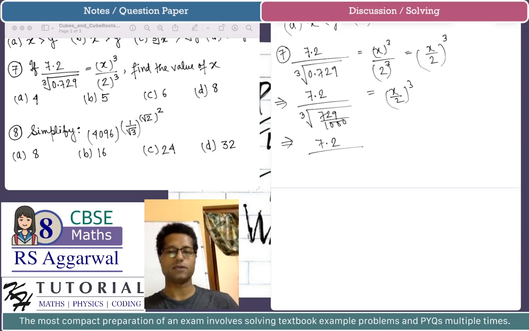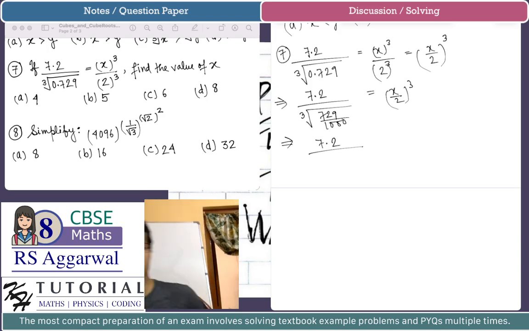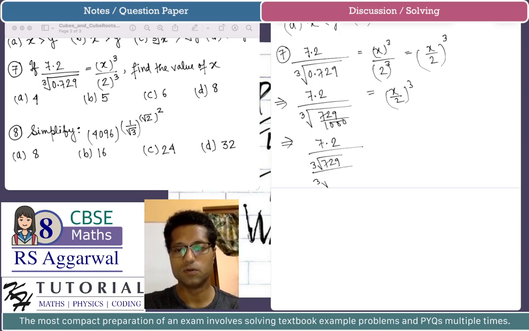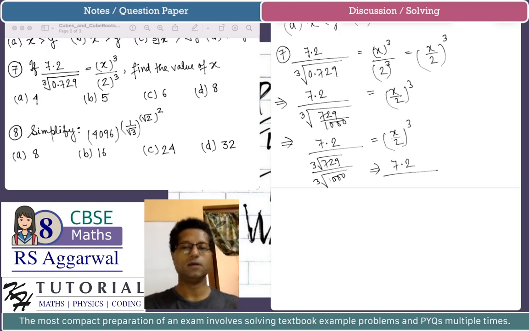We can see the fraction 729 by 1000, both the numerator 729 and the denominator 1000 are perfect cubes. So we can write it as cube root of 729 divided by cube root of 1000 is equal to x by 2 whole cube. So this will imply 7.2 divided by cube root of 729 is 9, and cube root of 1000 is 10.